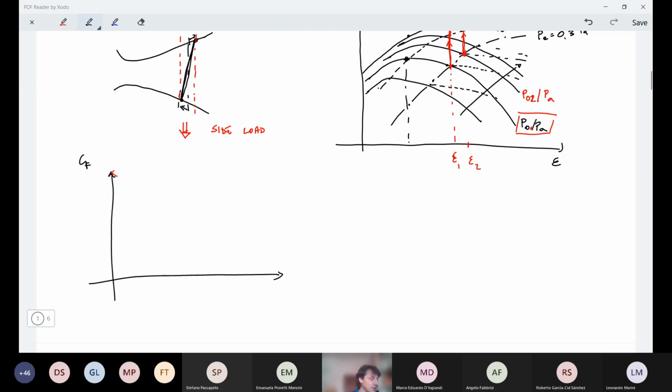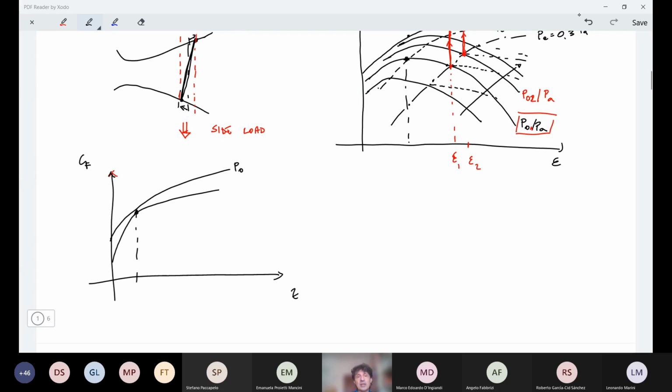Because we have our thrust coefficient, and in principle for a given P0, let's say we like to adapt at this altitude here, and we have our thrust coefficient once again. So what you see here is that this is what we obtain at constant P0.